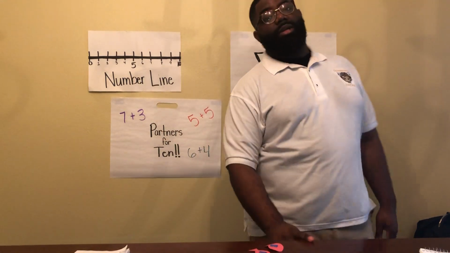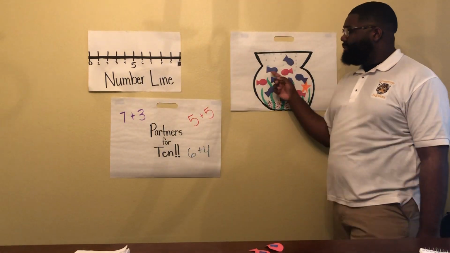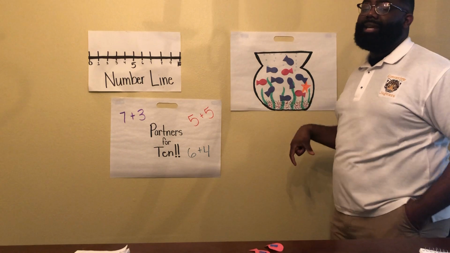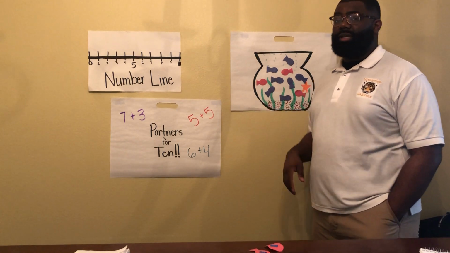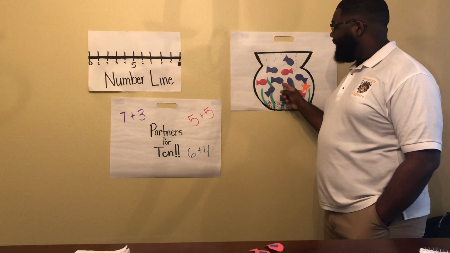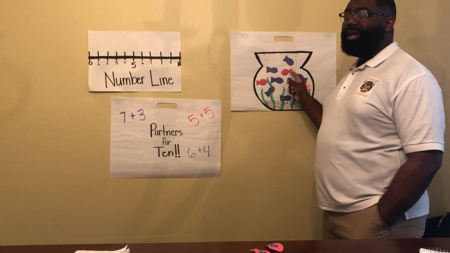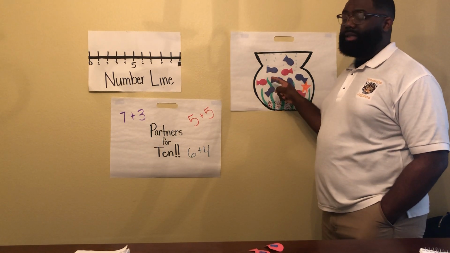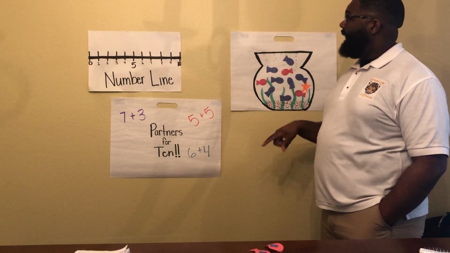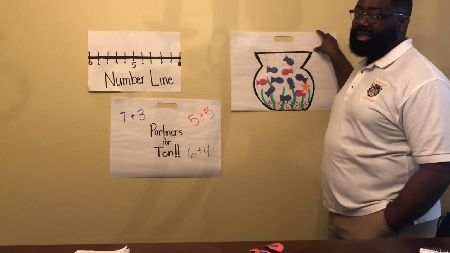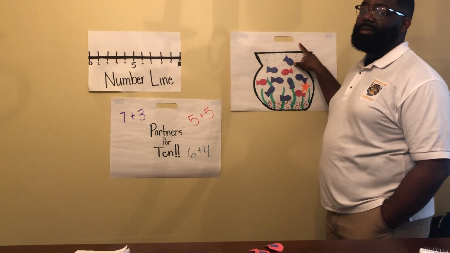What you need to figure out is how many more red fish you have to put in that tank to get to 10 fish, okay? And I'm going to put a number line at the top of your page so you can use that strategy if you want to.